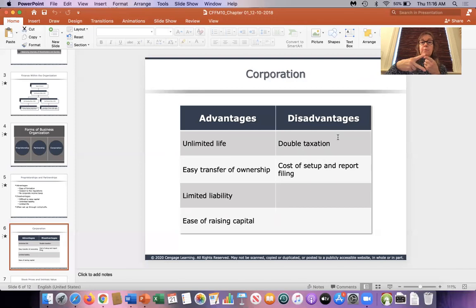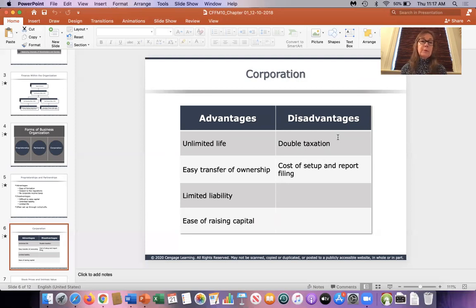They pay dividends, or whatever profits they keep goes to retained earnings. So if a company pays dividends, let's say I'm a shareholder, I get a dividend check. Well, when I file my taxes, I have to claim those dividends and pay taxes on those dividends.